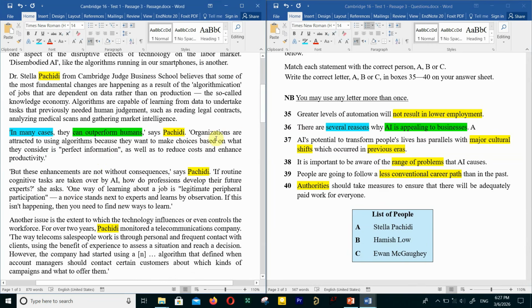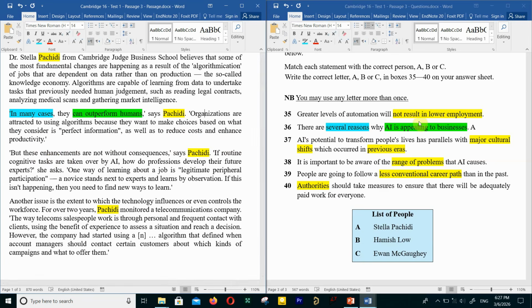And another statement: organizations are attracted to using algorithms because they want to make choices based on what they consider is perfect information, as well as to reduce costs and enhance productivity. Nothing about this, no keywords relating to this. But these enhancements are not without consequences.